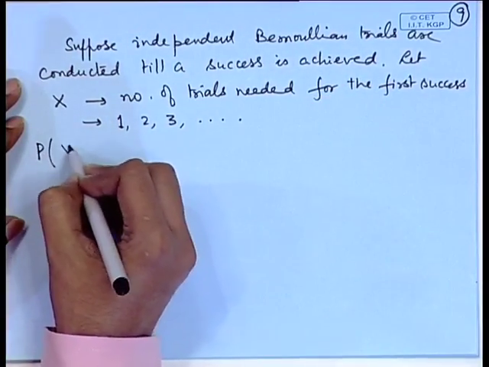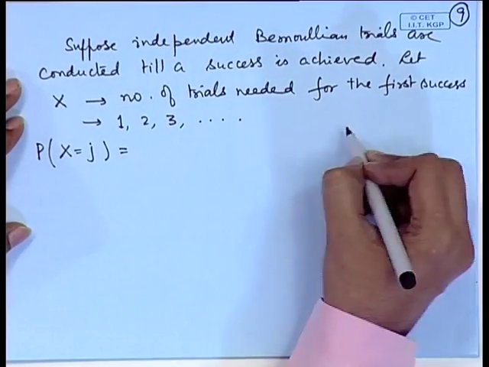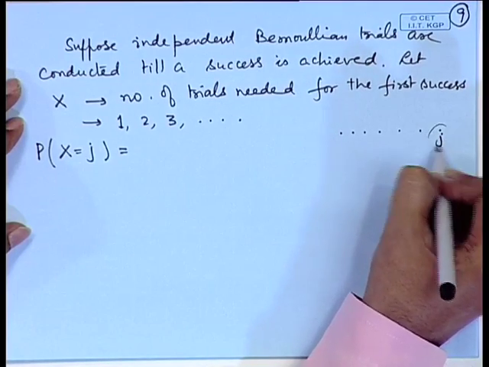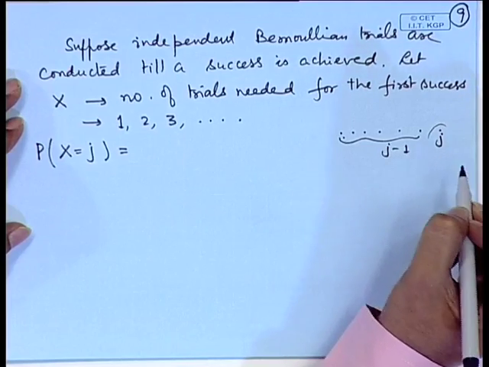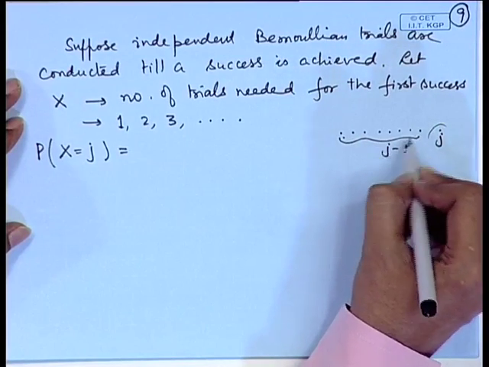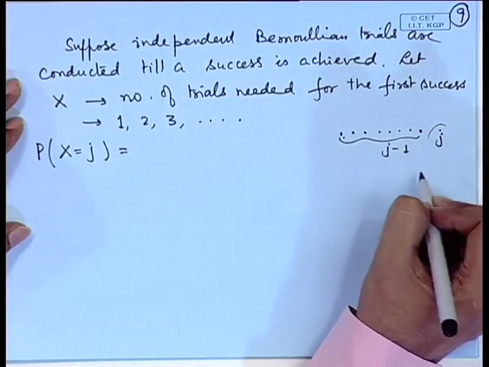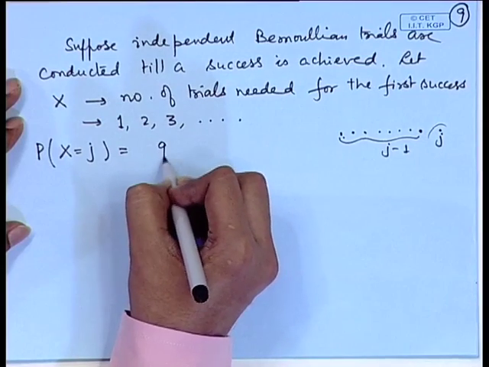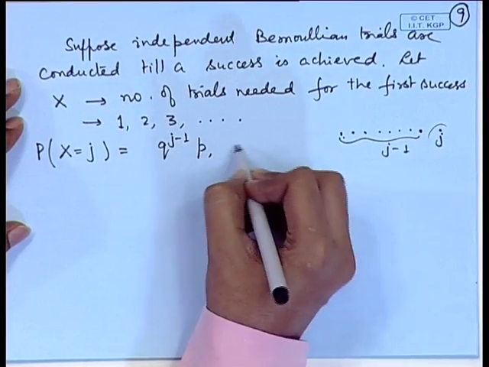You will have probability X equal to j is equal to... Now, we are saying that in the jth trial the success is observed. That means, before that in the j minus 1 trials all of them are failures, and all the trials are fixed, because first is a failure, second is a failure, up to j minus 1 it is a failure, the jth one is a success. So, the probability of this becomes q to the power j minus 1 into p.